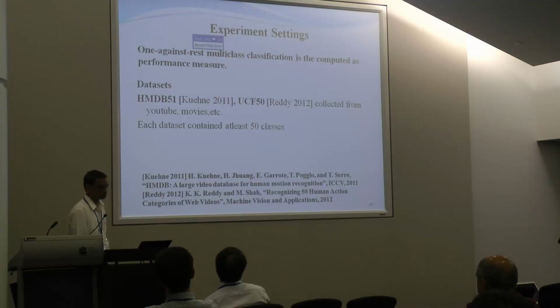And we use one against rest multi-class classification, and we tested our technique on two datasets, HMDB51 and UCF50. They are collected from real-world scenarios, and each one has at least 50 classes. These were the largest datasets to date.